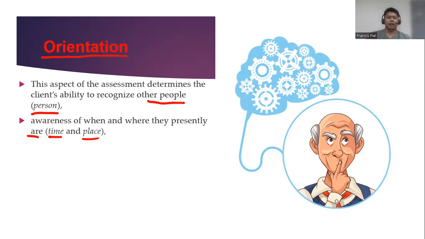Kung hindi sila sure sa oras, pwede naman nilang sabihin, I'm not sure with the time, but I think it's still morning. So, ibig sabihin, aware pa rin siya kung anong oras. So, very important to assess orientation. Because some patients, if they have problem, they've been into a car accident, for example, tapos natamaan yung ulo nila. So when you ask them, sir, do you know where you are? I don't know.